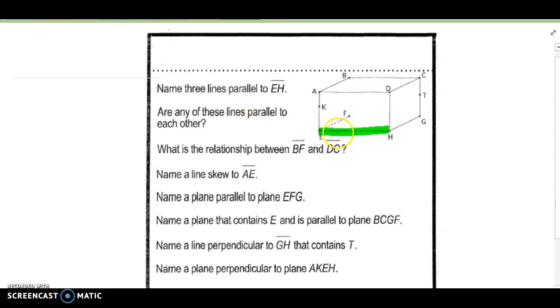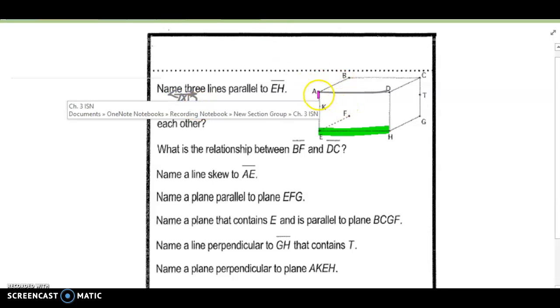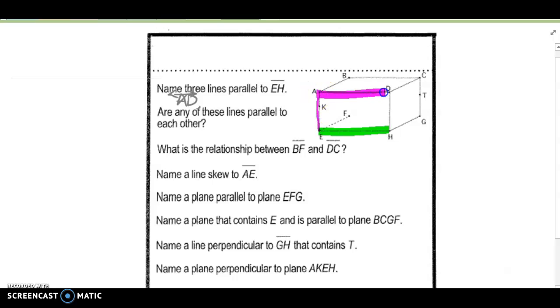So we want 3 lines that are parallel to this. Well, one line would be AD, which is right here. Line AD. And the reason that's parallel is, think of this right here. This would be a plane. Okay, so that would be 1.